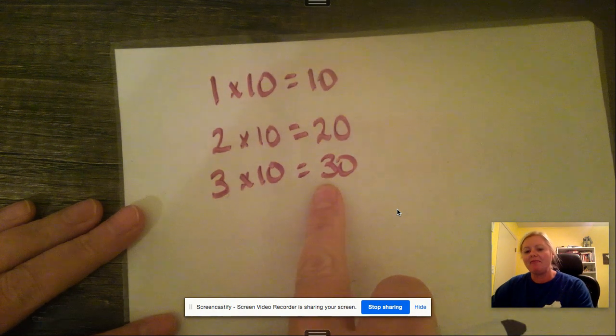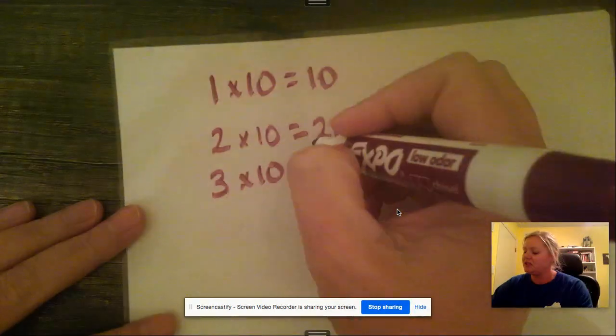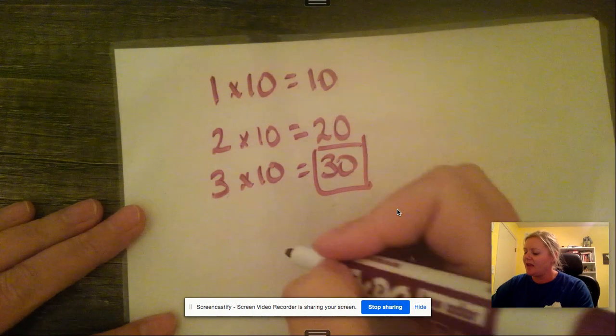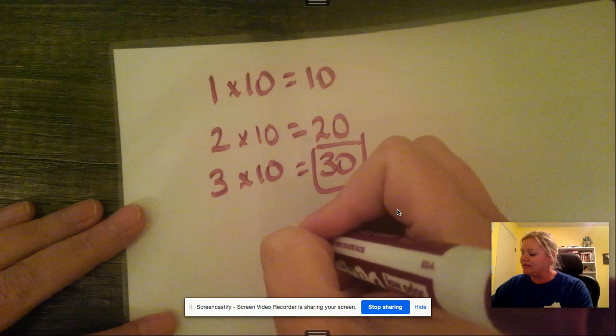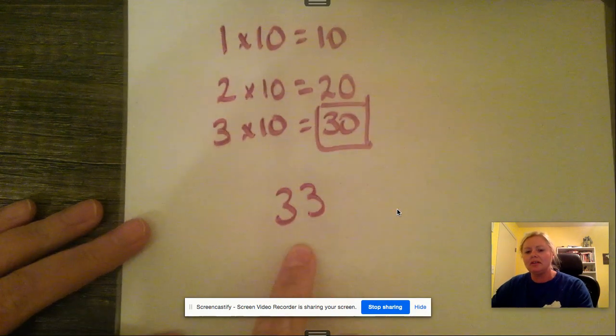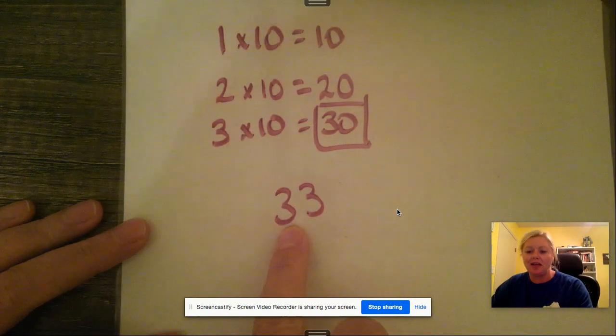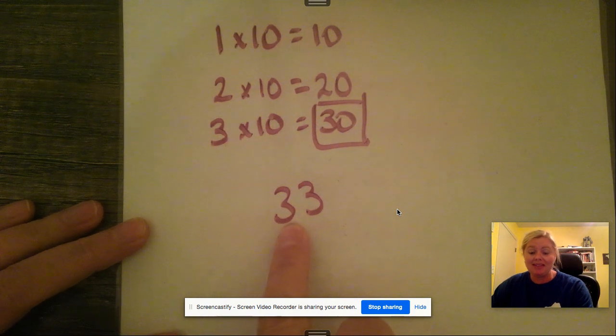So if I have my 30, let's try this. If I have my 30 and I have 3 ones, well, to get 3 tens, I need to multiply my 3 times what? I need to multiply it by 10.